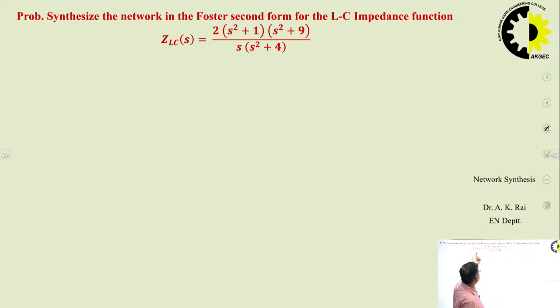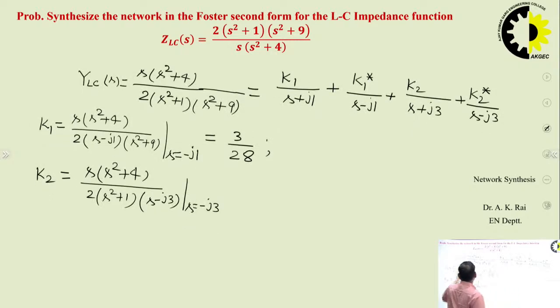So what we will do, just invert this impedance to get the admittance. So we get this YLC is equal to, just invert this, okay, and look at here, the function is a proper rational, okay, carry out the partial fraction expansion.